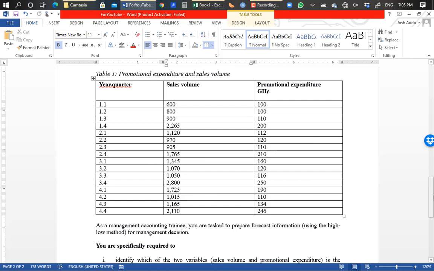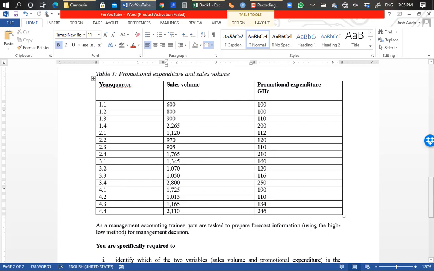So it is clear that in this particular situation, the sales volume is the dependent variable. In other words, the promotional expenditure is driving or is going to predict the values of the sales volume.